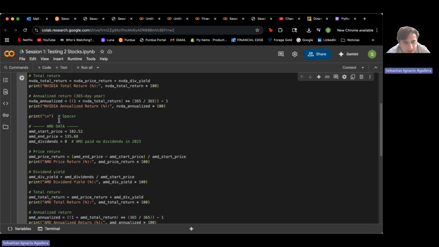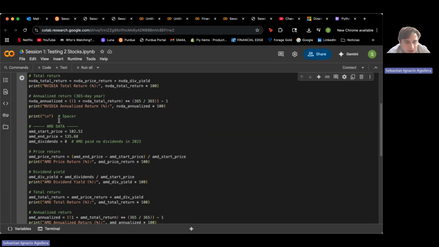Now for the price return for AMD, we used the same formula as we did for NVIDIA: AMD end price minus AMD start price, divided by AMD start price, and it will print out the AMD price return in a percentage.